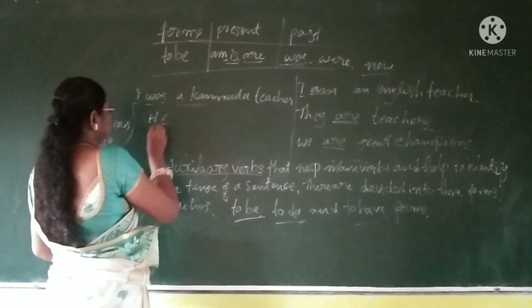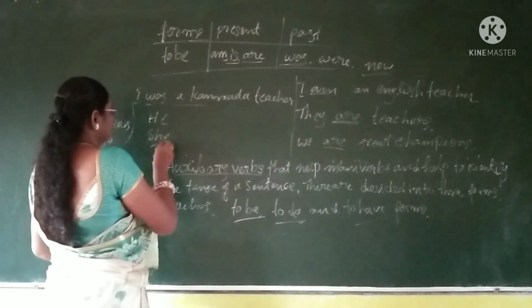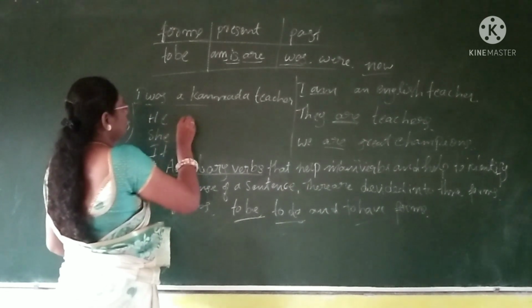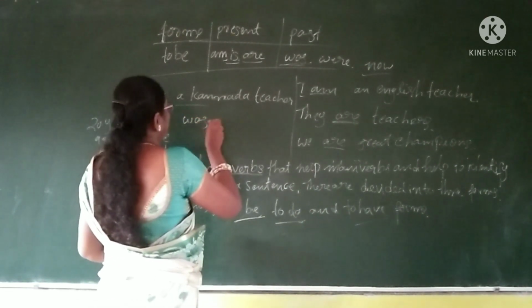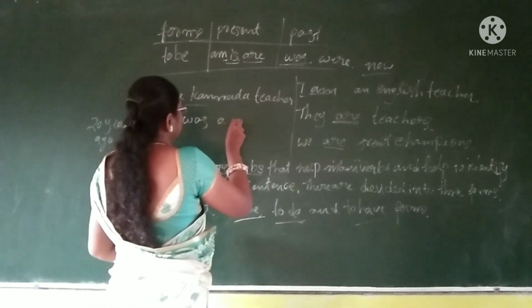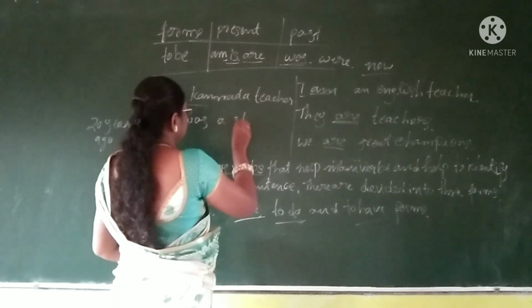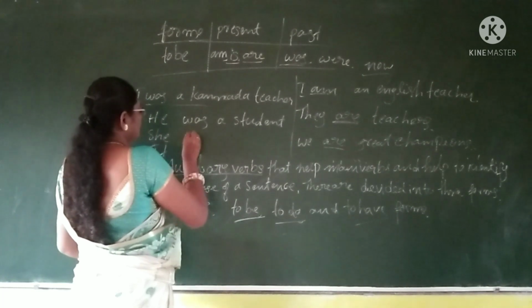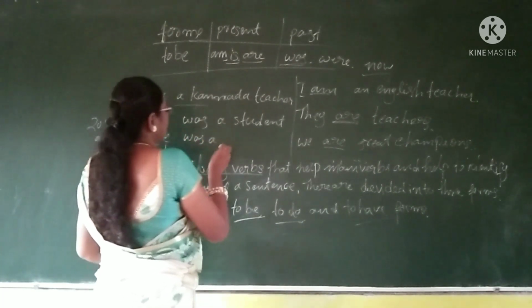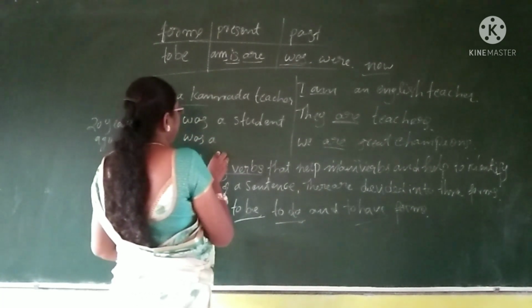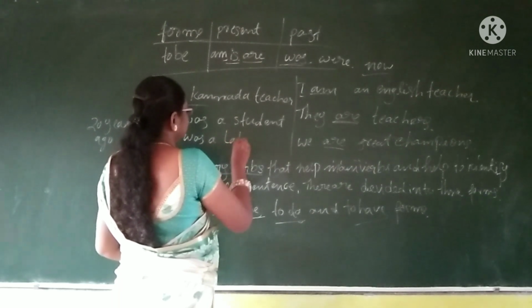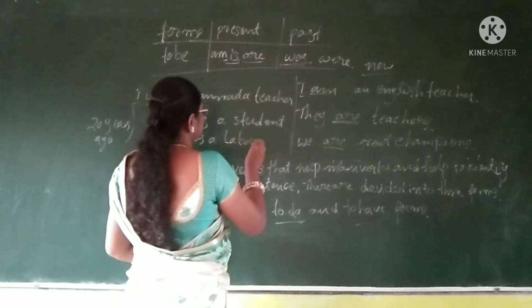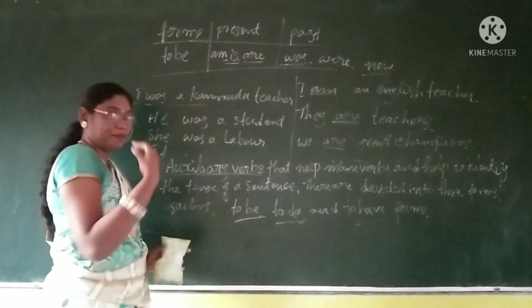She, he. He was a student. She was a labor. ಆಗ ಲೇಬರ್ ಆಗಿದ್ದೆ.